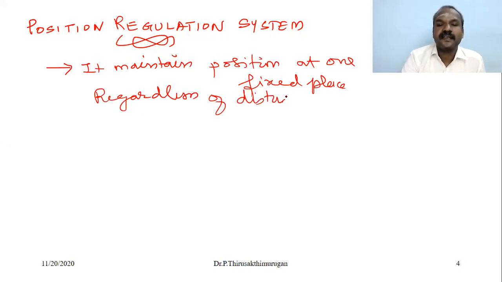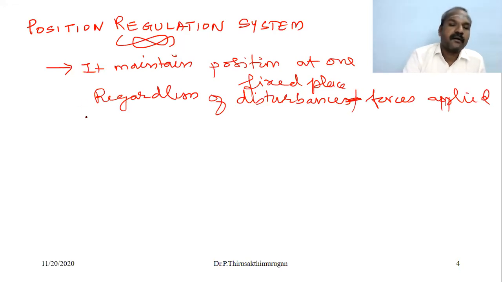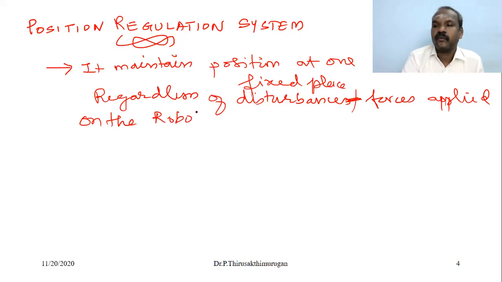We are not considering disturbances here. Regardless of disturbance forces applied on the system or robot. So here we are doing a position regulation system.